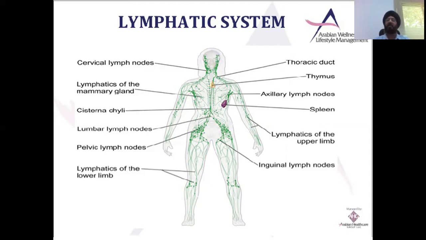This drains into the right atrium. This lymphatic system has various nodes and glands. What are nodes? Small collections of lymphatic tissue.